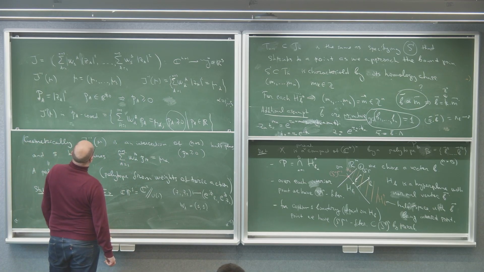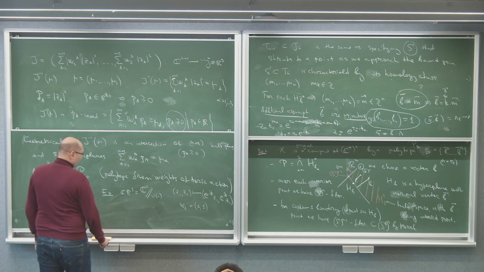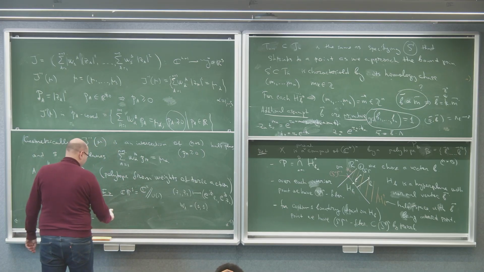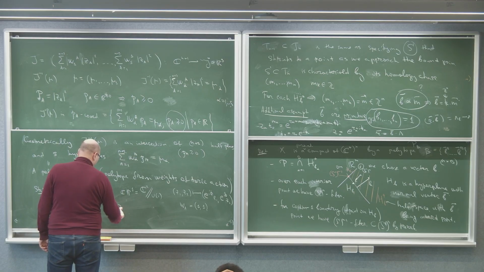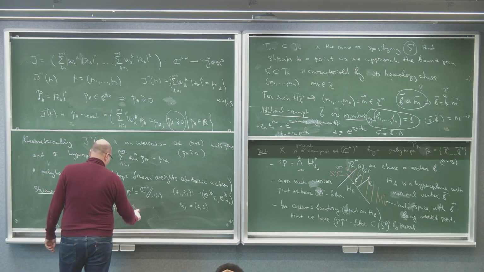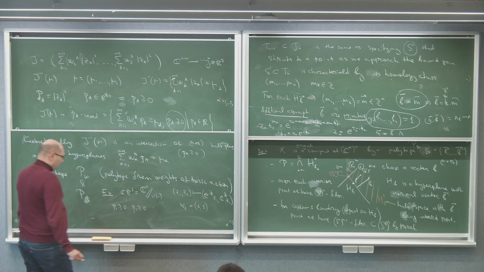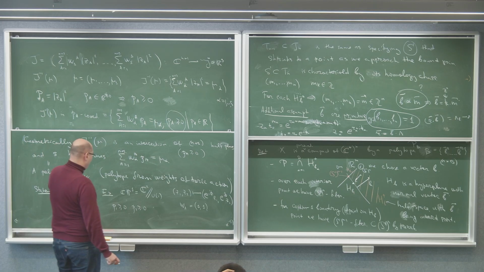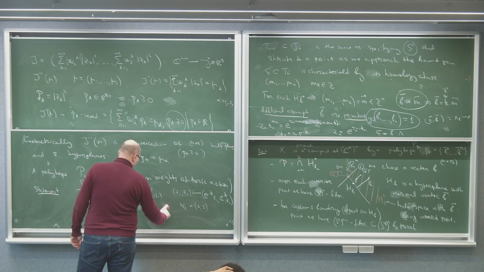So now, because C2 is two-dimensional, we will have two rows. So we have the following defining equations for our polytope P_W.